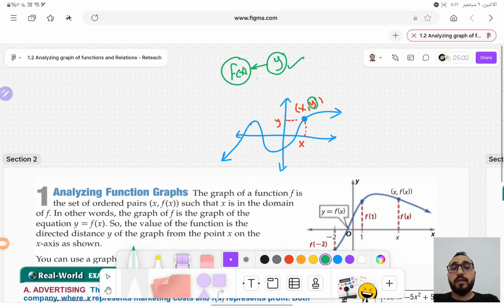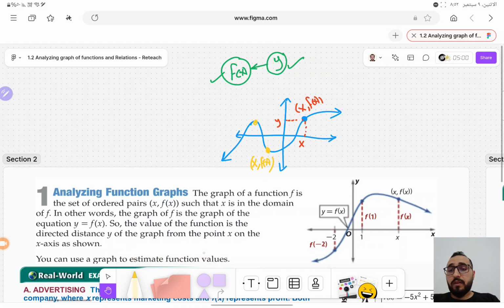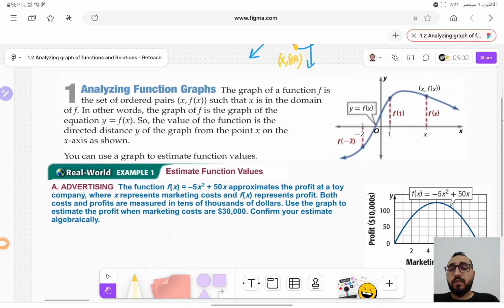So if you say y or f of x, both of them are the same, no difference between them. So instead of y I can write f of x. So any point on my graph should have the coordinate x and f of x, or x and y. This is what you can see from the graph.